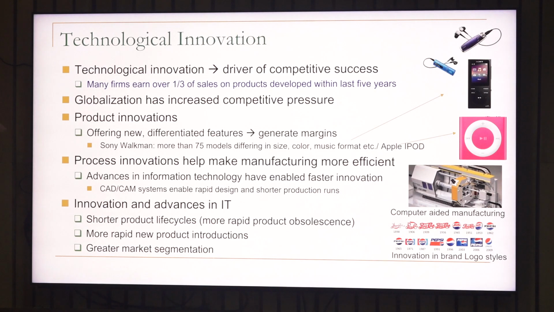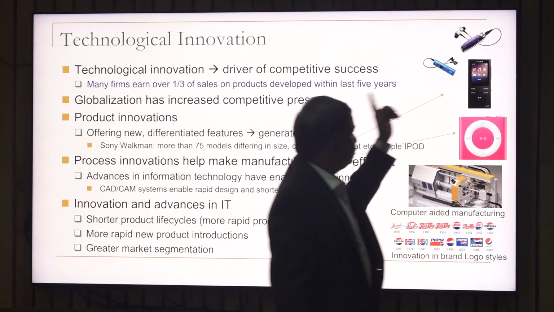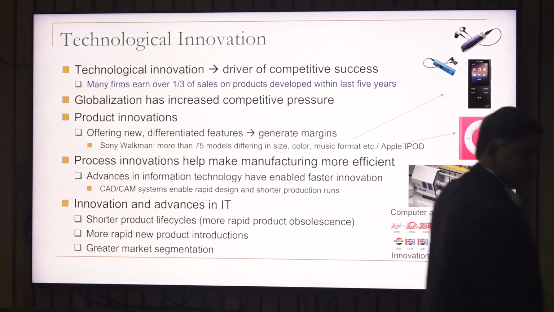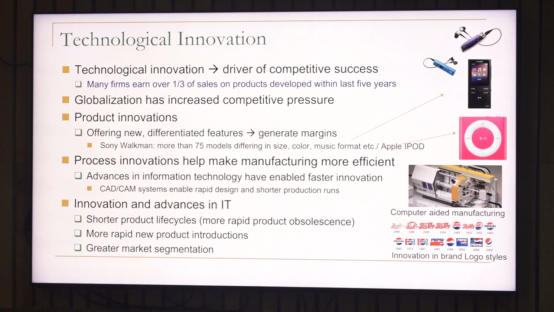So from simple stone, we have here CAD/CAM systems, computer aided design and computer aided manufacturing. This is also innovation. You see how the Pepsi logo is changing from that type to this type. So it has various angles.